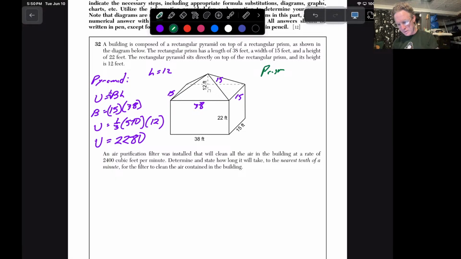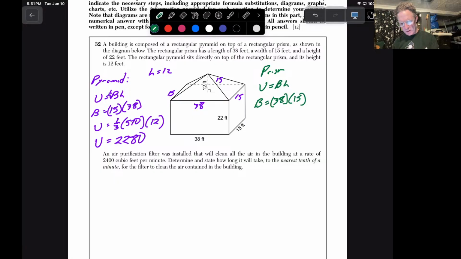Now the prism volume is area of the base times the height, where the base is going to be, again, 38 times 15, because that's a rectangle, length times width.